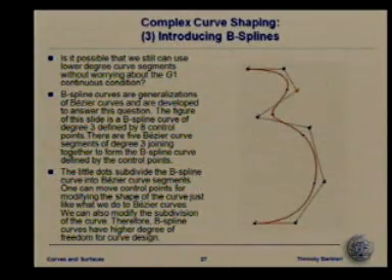Every point I define in the u range, so in the parameter, and which defines a subsegment of the curve, is called a knot. K-N-O-T, a knot. To every knot, which is a specific value of u, corresponds a point on the curve. But the knot is not the point on the curve. The knot is the value of the parameter which originates the segmentation, right?